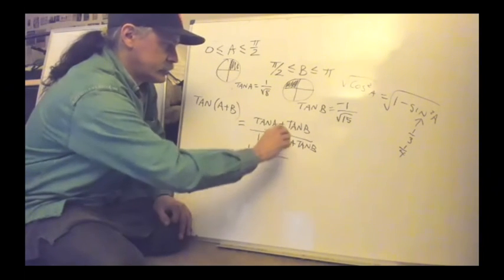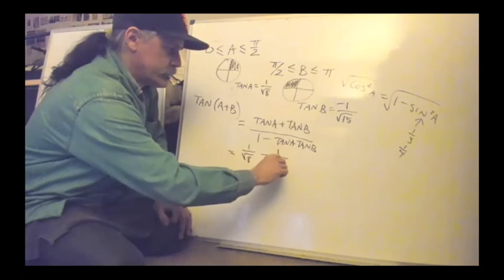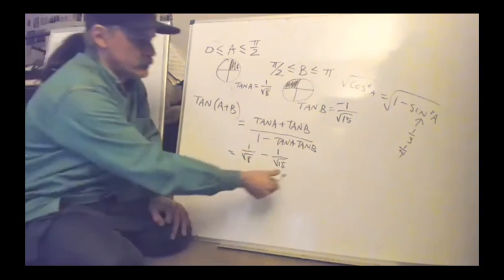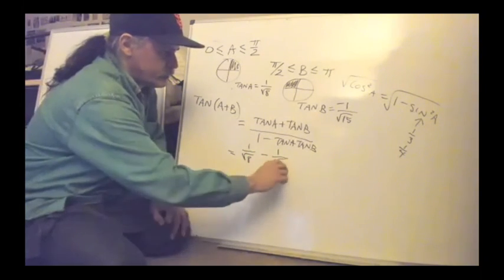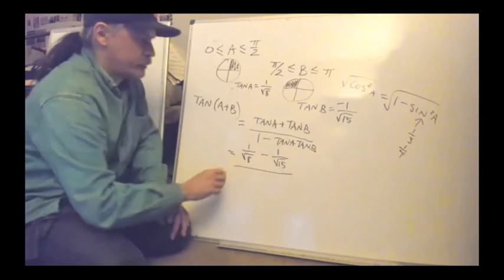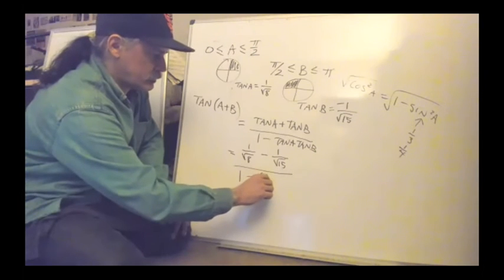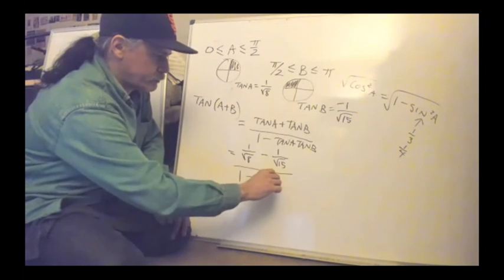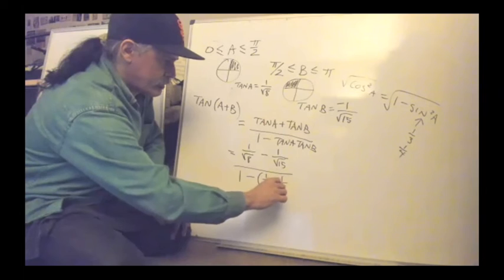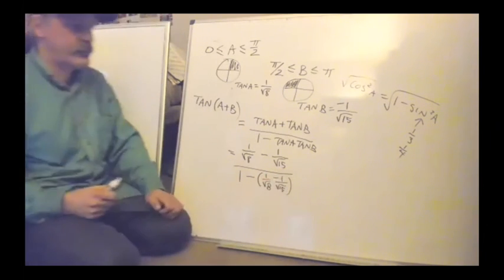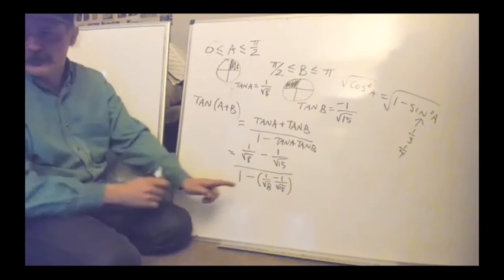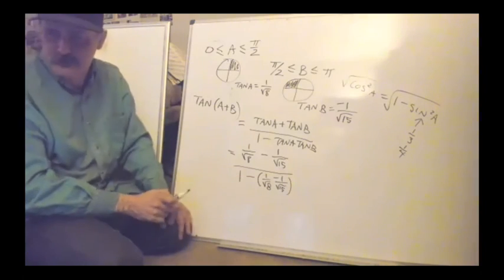And since the second one's negative, I'm just going to write minus. And then on the bottom, we get 1 minus. Now, since this is going to be minus a negative, I'll do the same thing.